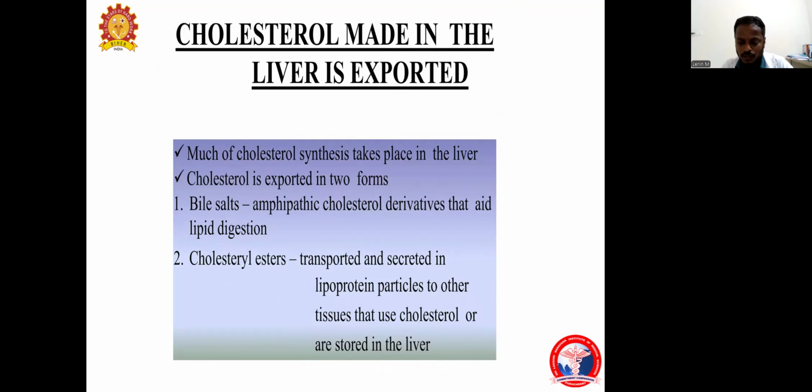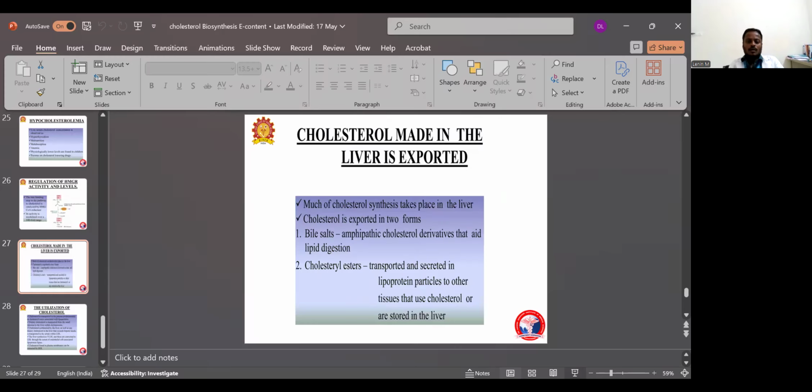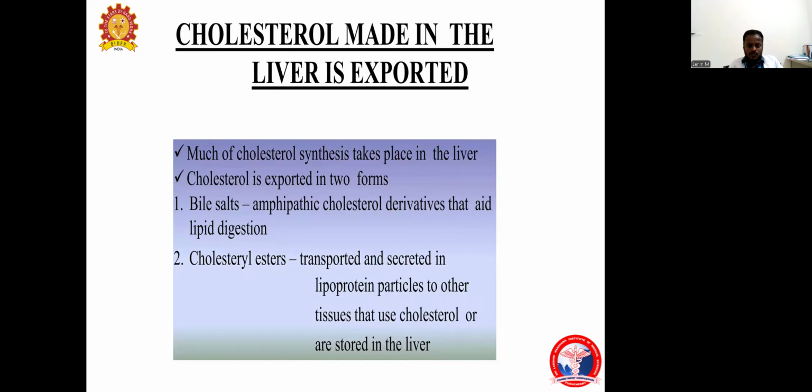Cholesterol is made in the liver and exported. Much of the cholesterol synthesis takes place in the liver. The cholesterol is exported in two forms. One is for bile salts, which are amphipathic cholesterol derivatives that aid lipid digestion.